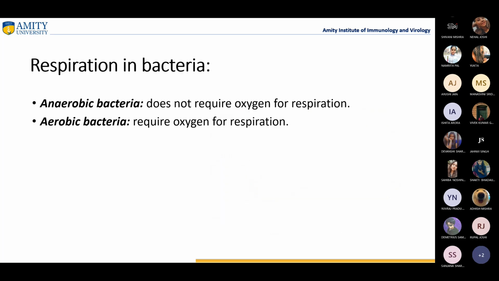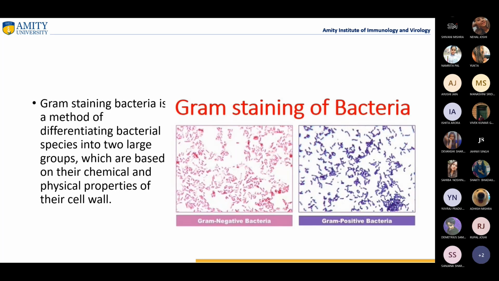Then respiration can be anaerobic, bacteria which do not require oxygen for respiration, or aerobic, bacteria which require oxygen for respiration, right? Then how do we visualize these bacteria? There's Gram staining, named after the person who invented this staining, where we stain the bacteria with a Gram stain, and then they are categorized as Gram positive or Gram negative bacteria.